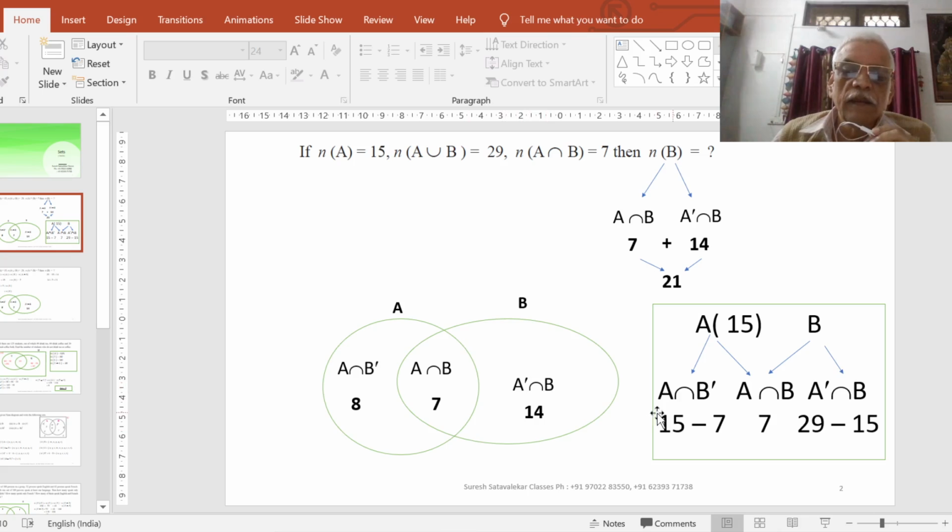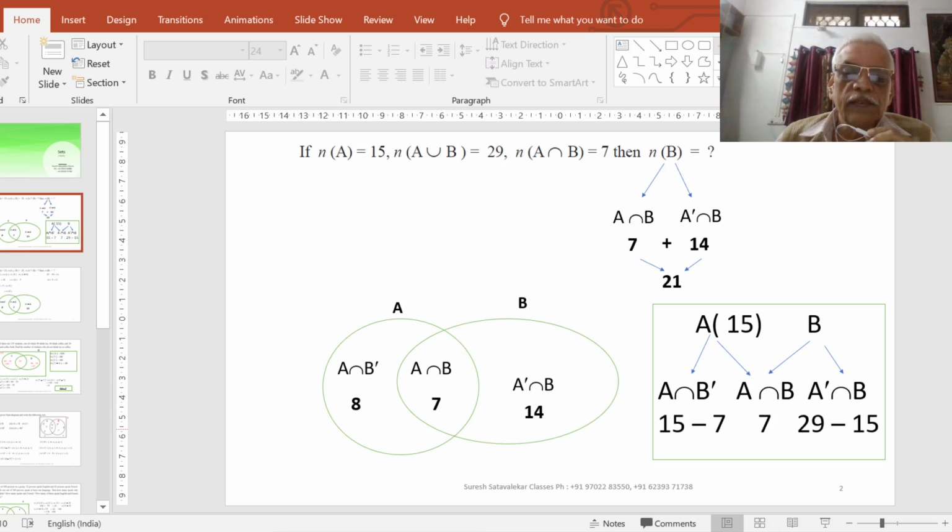So here set A is divided into two parts, A intersection B complement and A intersection B. Set B is also divided into two parts, A intersection B and A dash intersection B, only B, not A. Now it is given that A intersection B is 7, so we can write 7 here first.